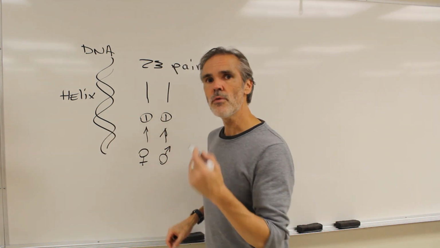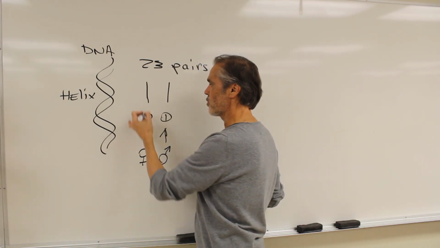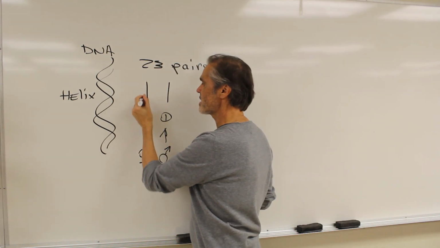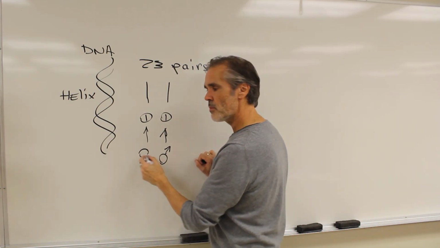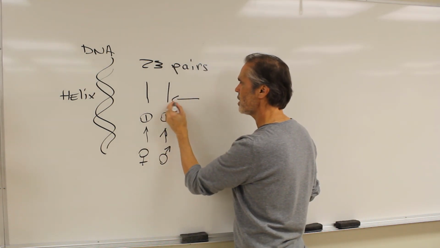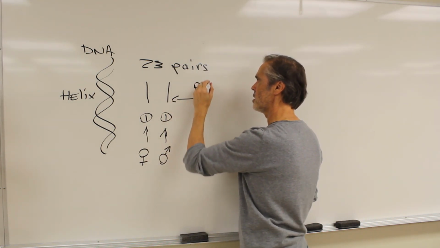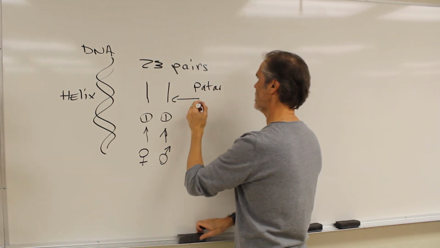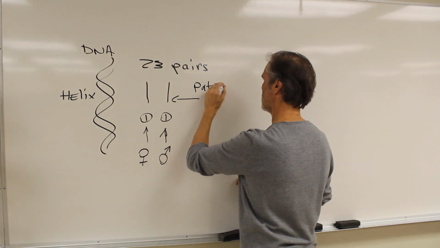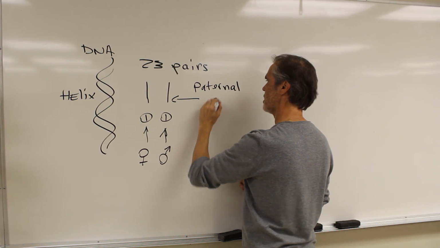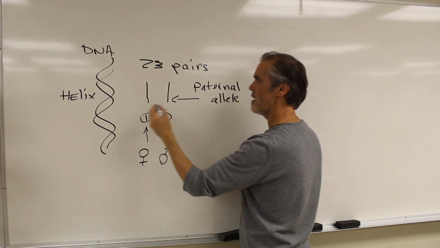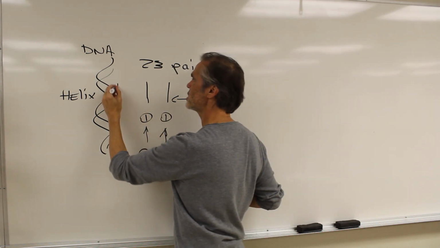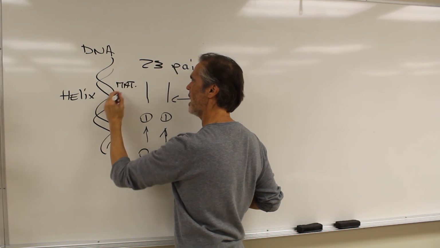Now, chromosome 1, if it comes from your father, this one here is a paternal allele. And then here is the maternal allele.